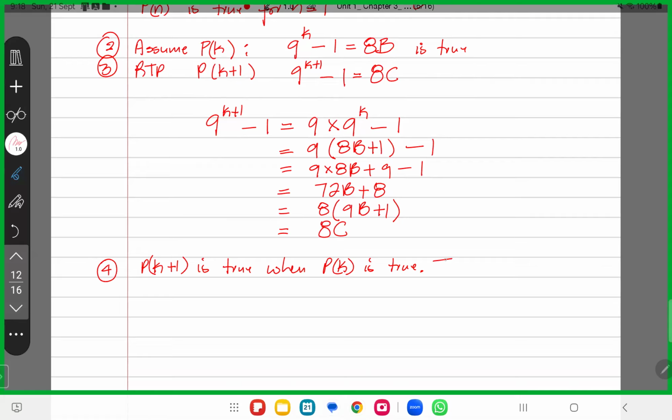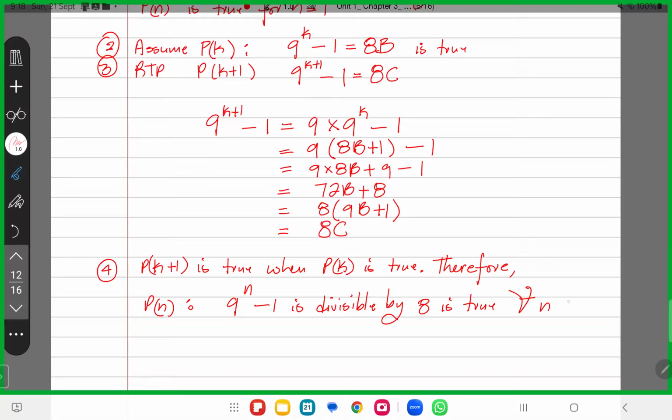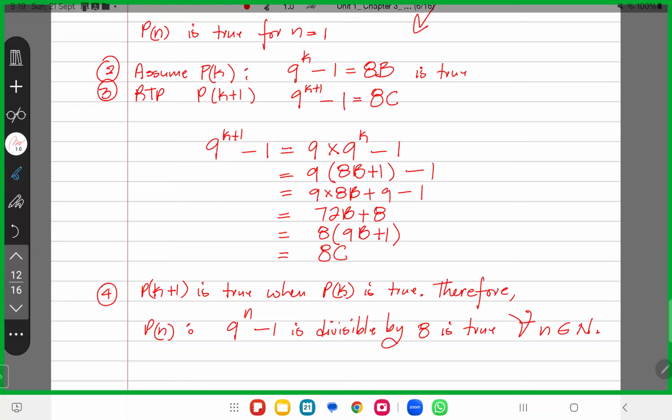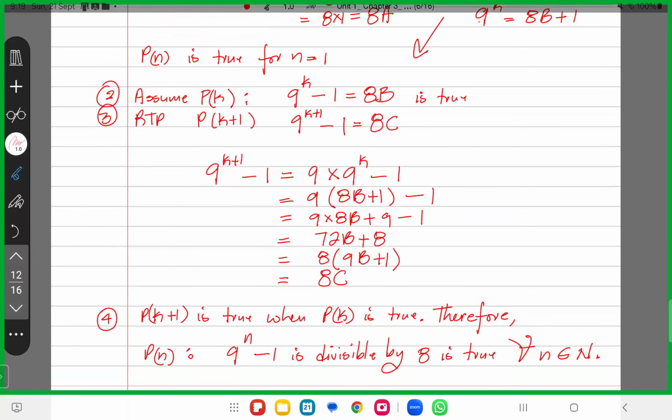Therefore, Pn, which is the statement 9 to the n minus 1 is divisible by 8, is true for all n, which is an element of the set of natural numbers. And this is how you do a divisibility proof by induction.